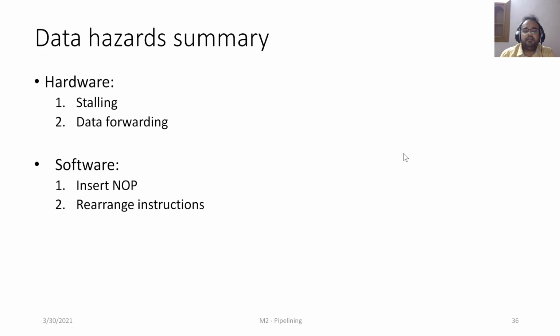And at the software, we saw in this lecture that the compiler can potentially analyze the dependencies through the registers and insert dummy instructions or no-ops, or look for possible safe instructions and place them between 2 dependent instructions, right?